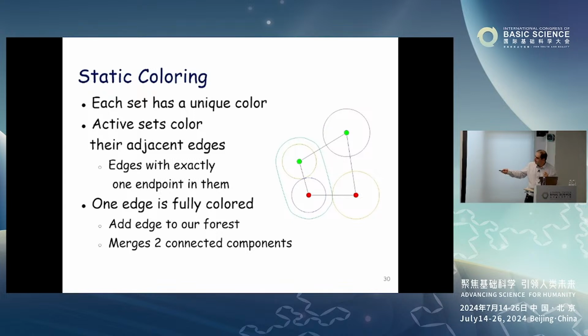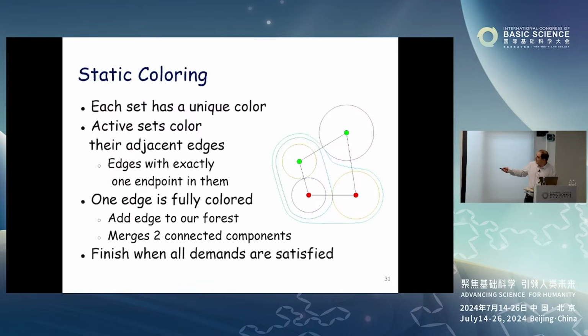This is satisfied. Now this side and everything, there is no penalty.